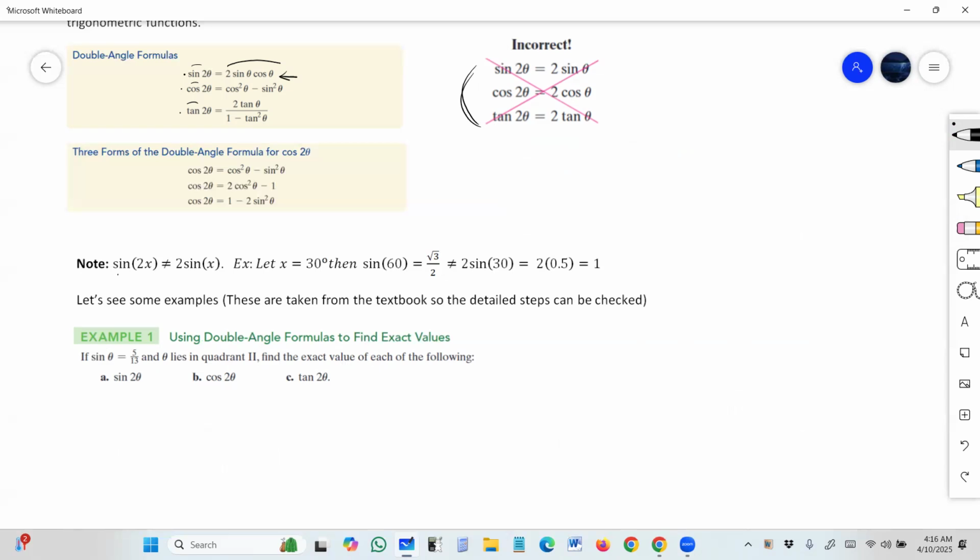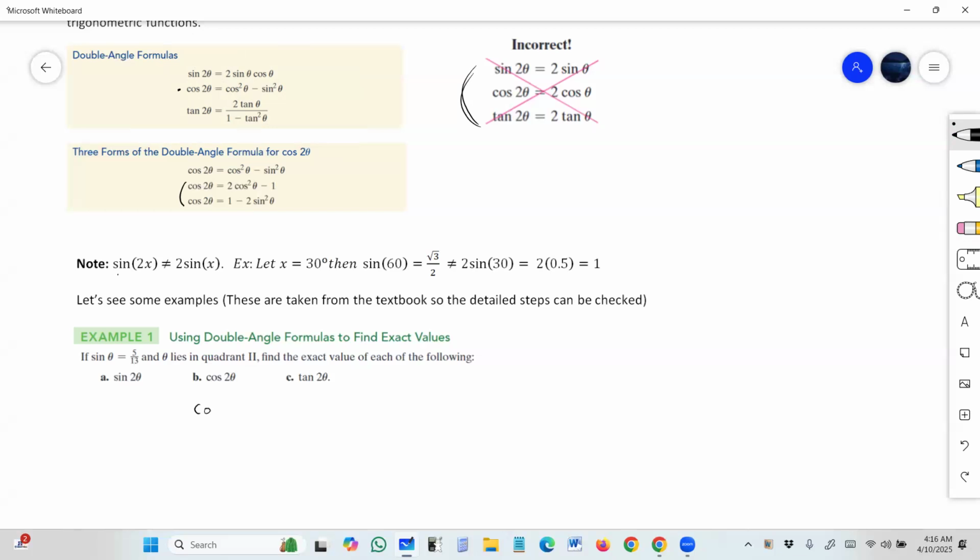So we use the formula for cosine now, and for cosine we have a couple of different choices. We have the basic definition or identity, and then we have the other two. They're all the same, but sometimes one may be better than the other. I think in this case, we can use the basic one.